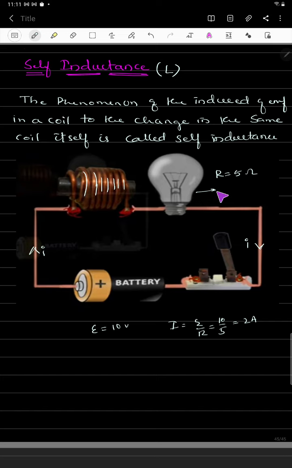I already showed this in the last lecture. Now what will happen is that it takes some time to glow completely, from 0 time to the maximum.